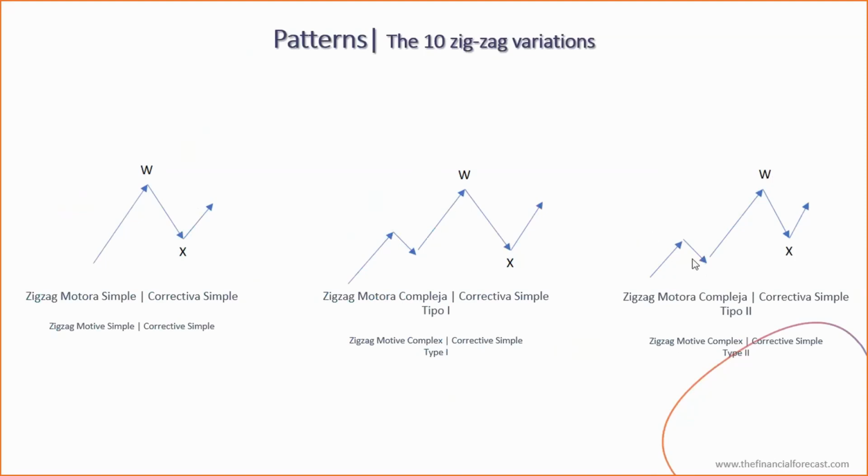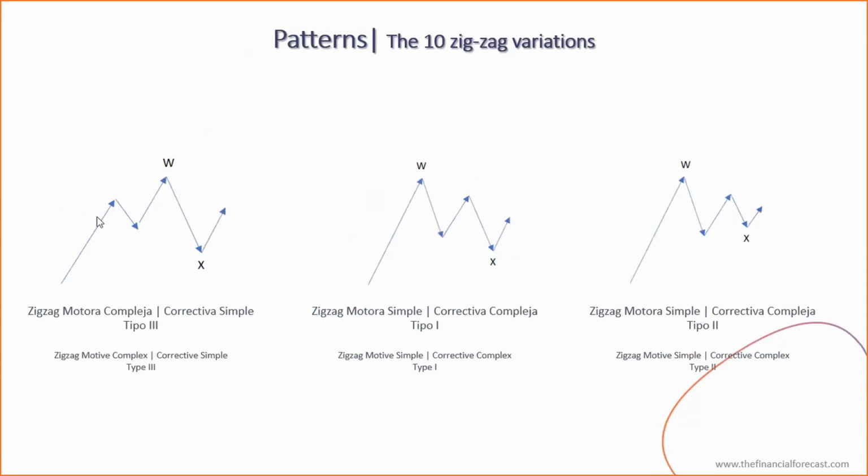Then we have also a complex zigzag for the motive wave, but a simple and more shallow correction for the wave X. Then we have a very deep correction for wave X, the same construction of zigzag, but if you look here, the first wave is bigger than the prior one. Yes, we can see a bigger size.